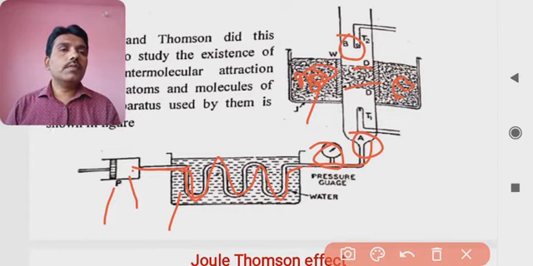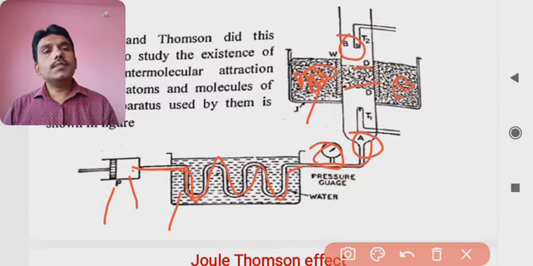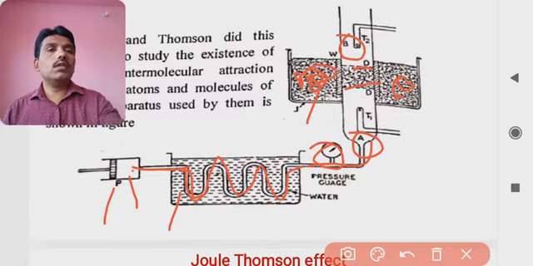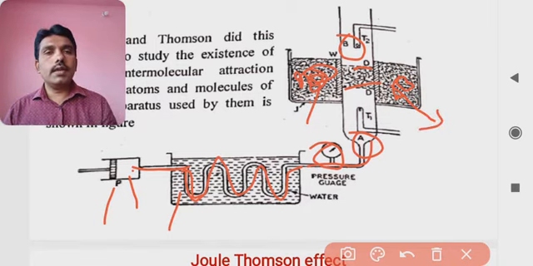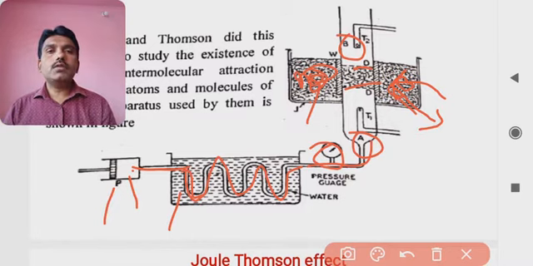Now the question arises, why is this on the outside? It maintains the adiabatic condition, meaning no heat passes out of this glass chamber and no heat from the atmosphere comes inside it. That is the adiabatic process.